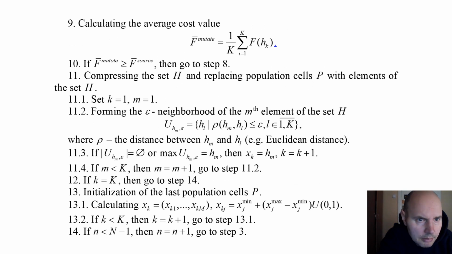Calculating the average cost value. If the condition is satisfied, then go to step 8. Compressing the set and replacing population cells with elements of the set. If the condition is satisfied, then go to the step of initialization of the last population cells. If the condition is satisfied, then increment and go to step 3.